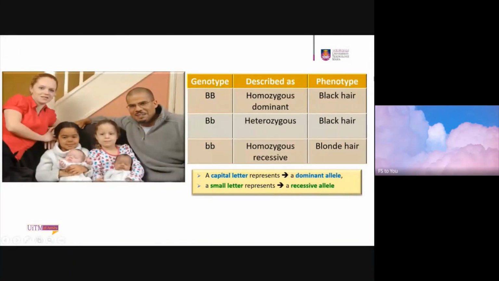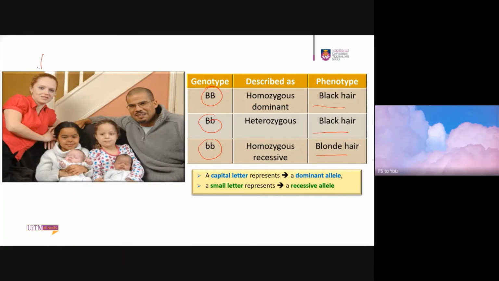Ini adalah table untuk summarize yang tadi: genotype homozygous dominant, heterozygous, homozygous recessive. Black hair produces black hair also, dominant phenotype, and produces blonde hair. Awak tengok kat gambar ni, couple ni mixed race couple.